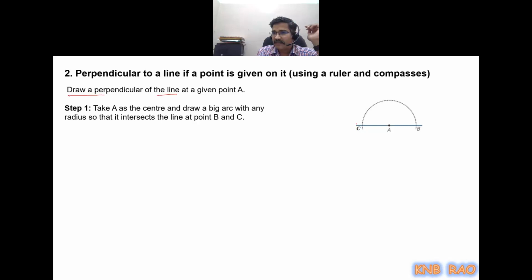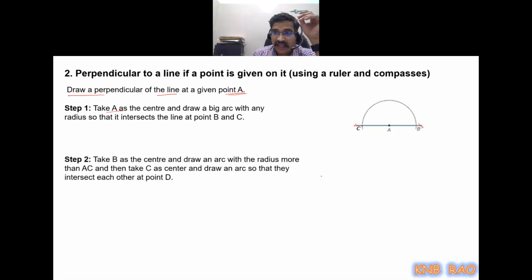Let's say BC is the line, to this line BC through a point A. Further, take A as the center using a pair of compasses, and make one arc such that it intersects the line. Let the points of intersection of the arc with the line be point B and point C. This is the first step.